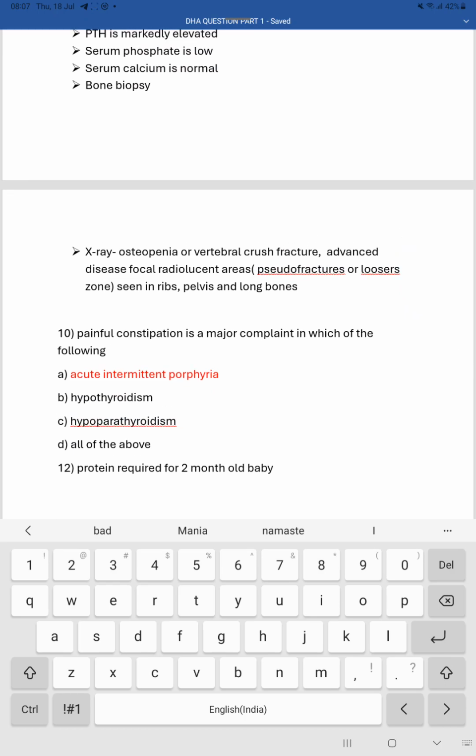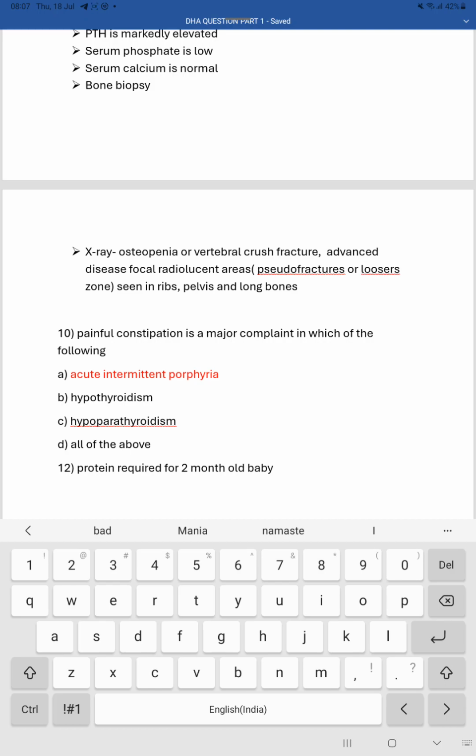Next question was: painful constipation is a major complaint in which of the following conditions? Okay, painful constipation, severe pain is there because of the hard stool. In which condition can you see it? The options given are acute intermittent porphyria, hypothyroidism, hypoparathyroidism, and all of the above.